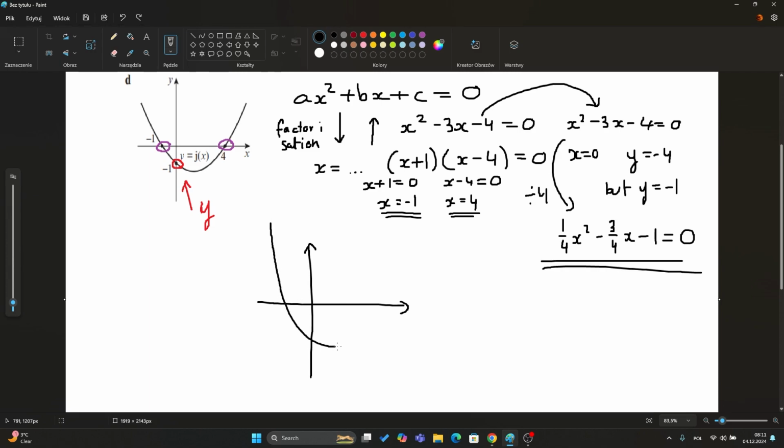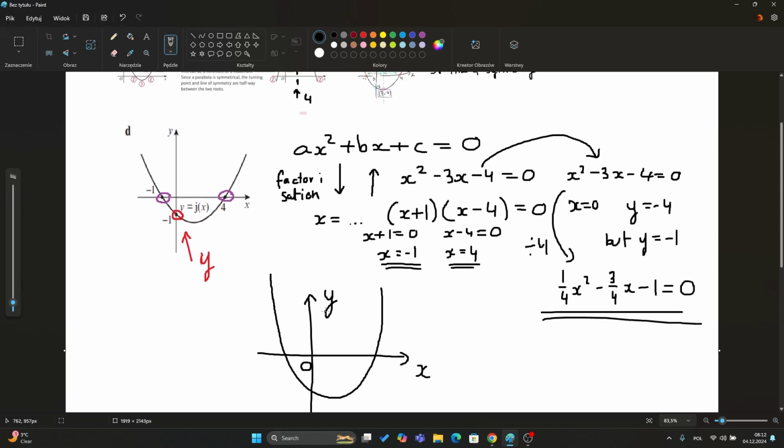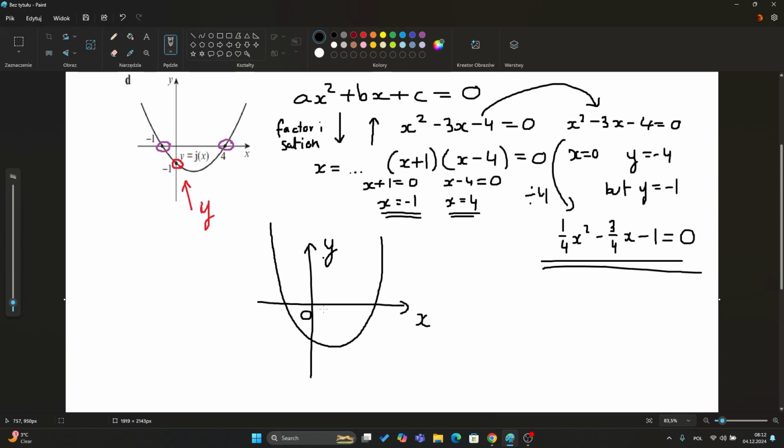If the graph is like this, we have the minimum point here. The y-intercept is over here. The roots are here. And remember to label your graph properly, where you have to put x and y and 0 at the origin. That is it. Good luck with exercise 2f.